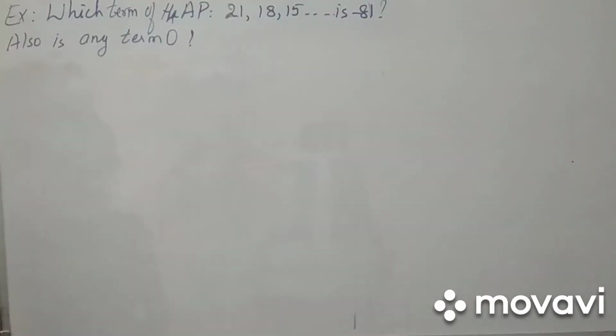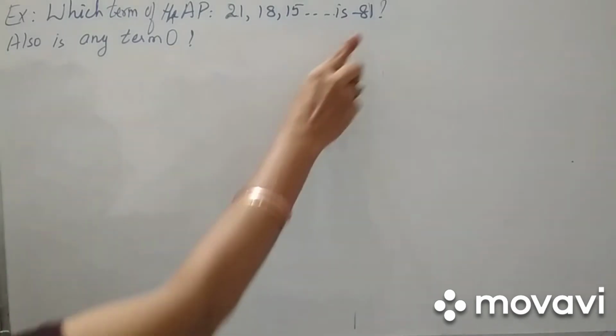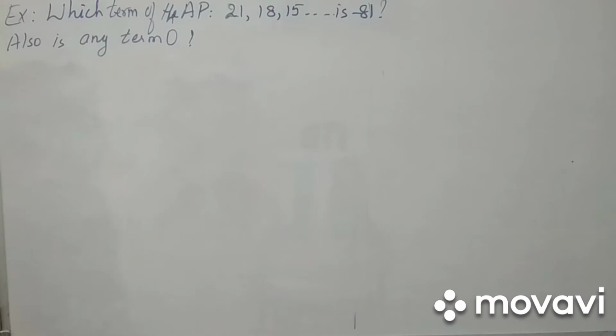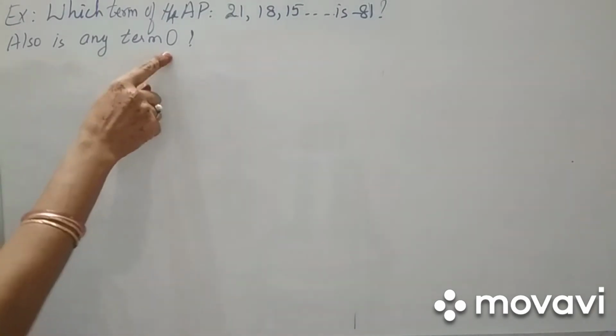That is our required 10th term. The next example is: which term of the AP 21, 18, 15 is minus 81? So here an is given as minus 81. Furthermore, is any term 0?